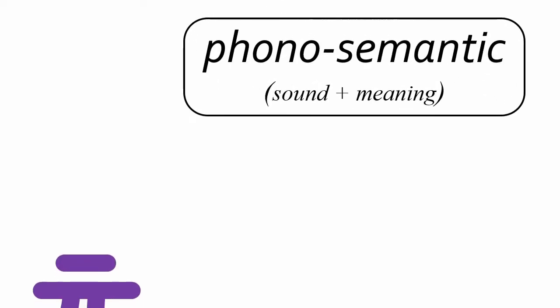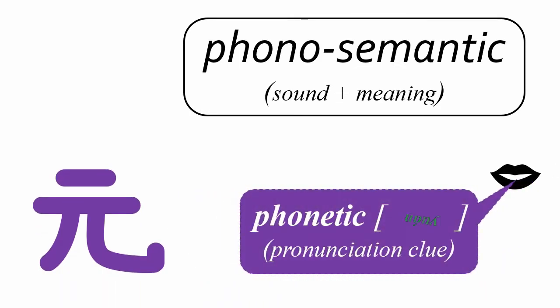Our next character is yuan inside the roof radical, pronounced second tone, wan. Yuan also serves as the phonetic for this phonosemitic compound.